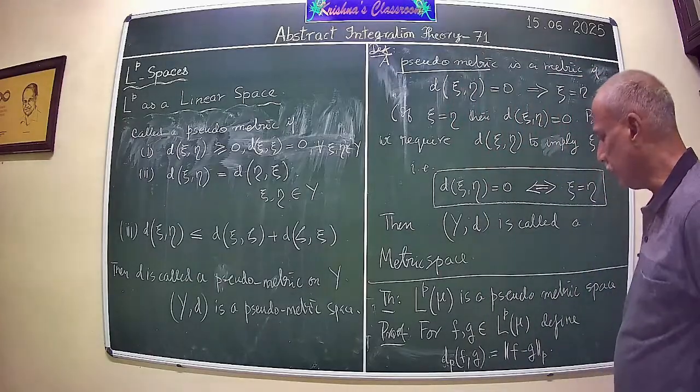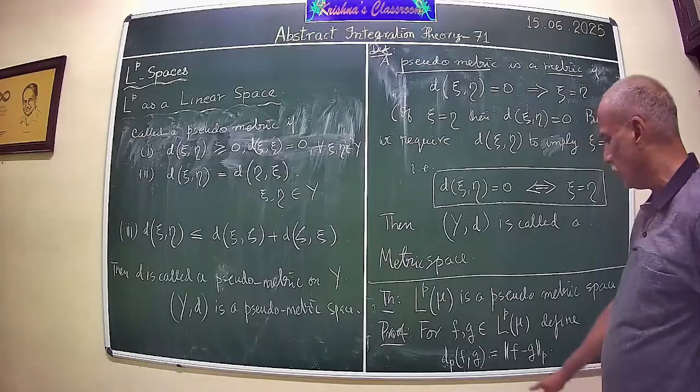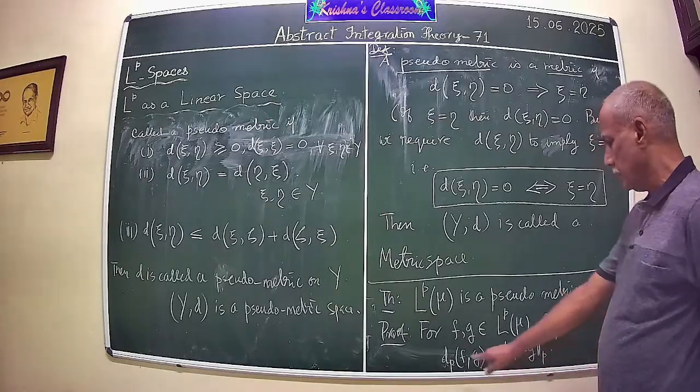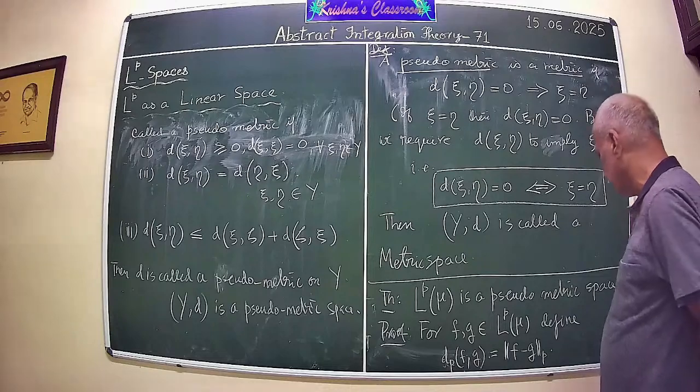So on that we are now defining a function from L^p cross L^p denoted by d_p such that this is true.